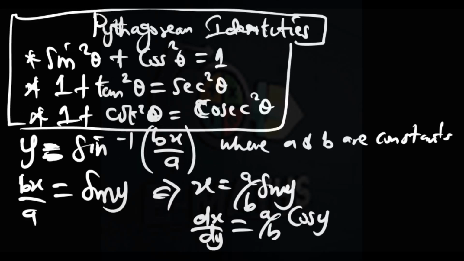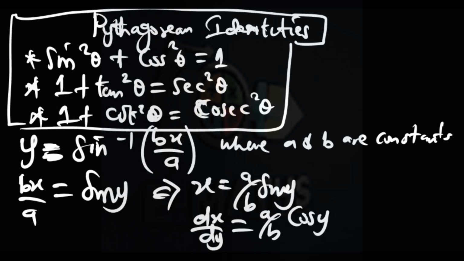So if I now do dy over dx, I have b over minus a cot y cosec y. And if you remember our Pythagorean identity, 1 plus cot squared is cosec squared.